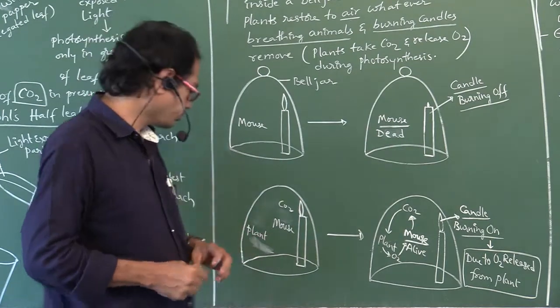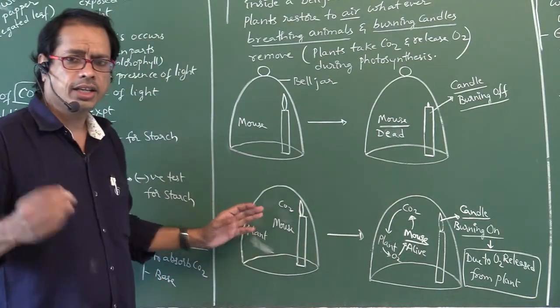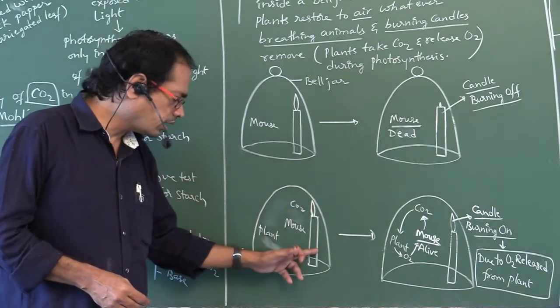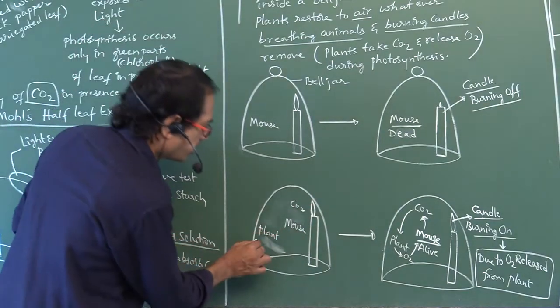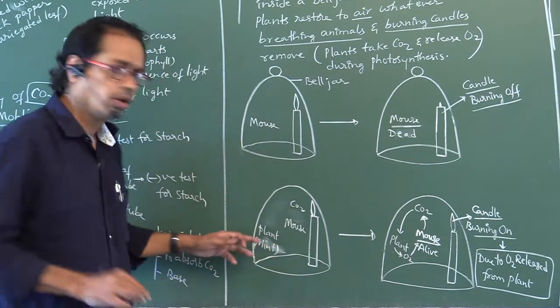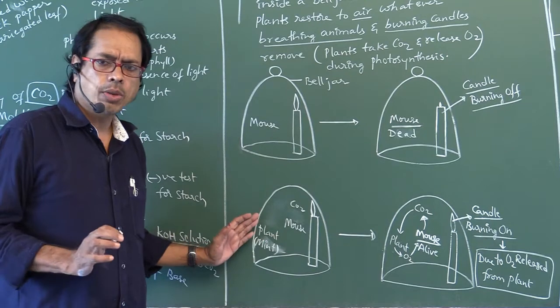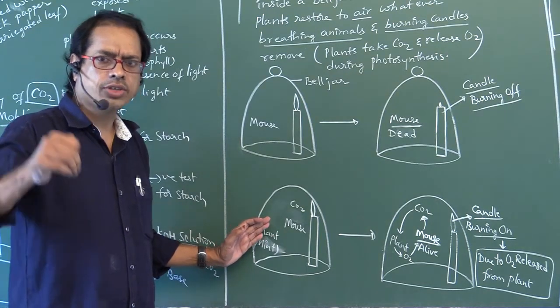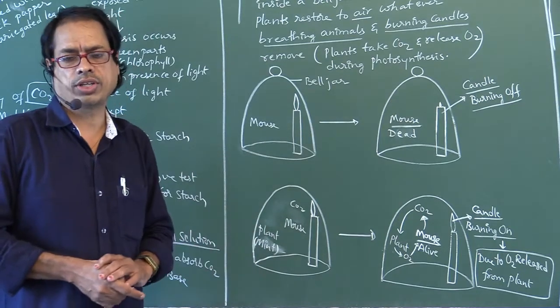Then he took another experiment: a burning candle, a mouse and a plant. This plant is a mint plant, but whatever the plant may be, plants take CO2 and release oxygen during photosynthesis.